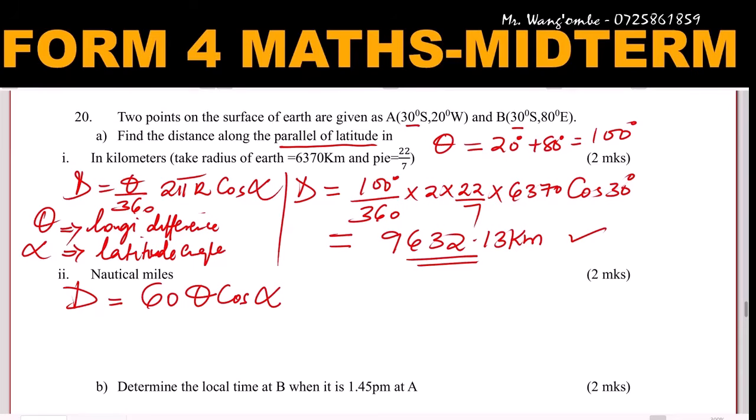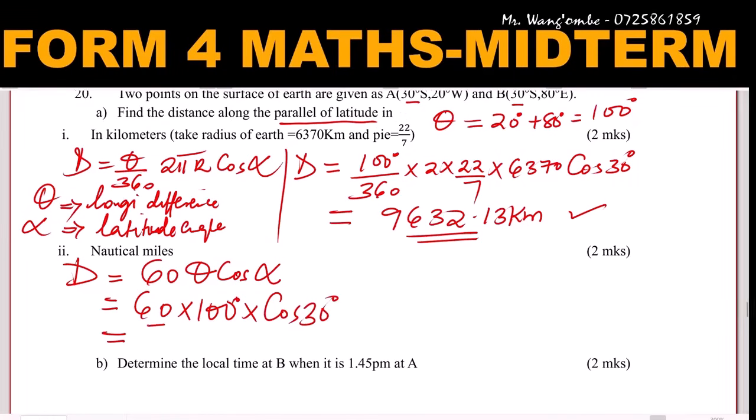Alpha is the latitude angle. So this will give 60 multiplied by the longitude difference, which is 100, then cosine of the latitude, which is 30 degrees. Use a calculator for this, to give 5196.15 nautical miles.